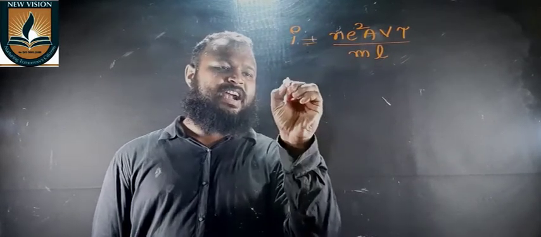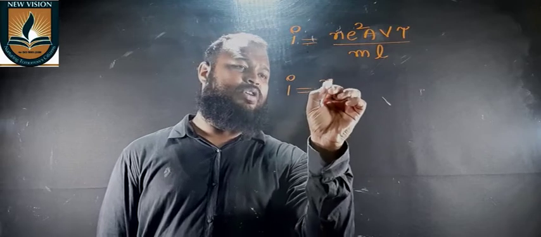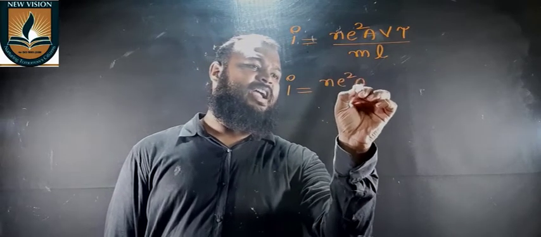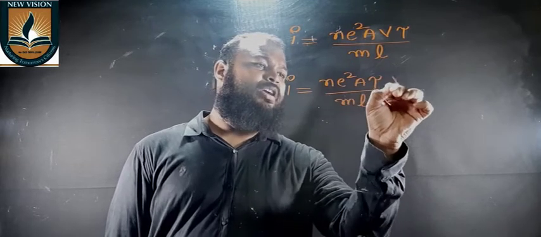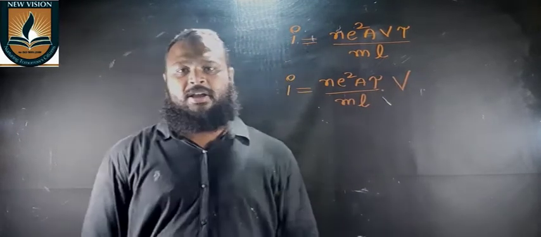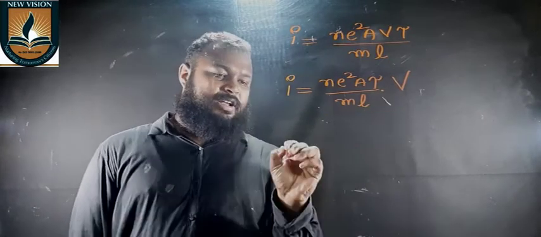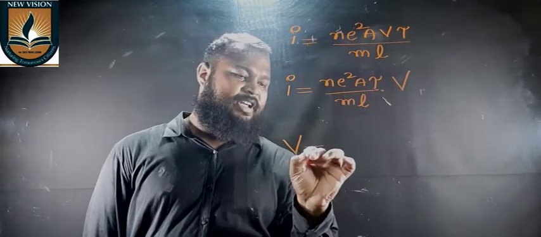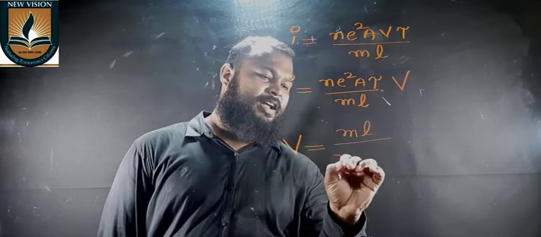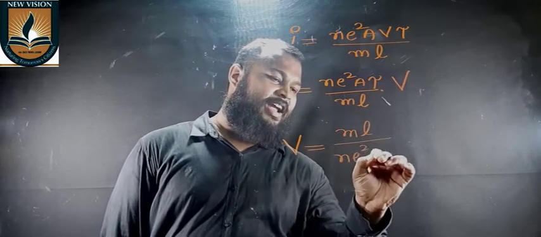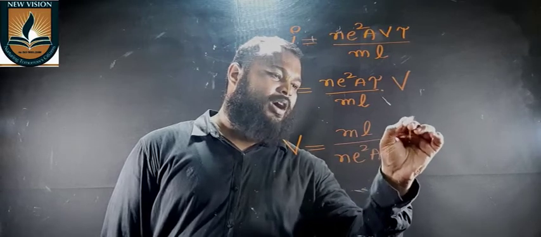I can rewrite this equation as I = ne²A tau upon mL into V. This can also be written as V = mL upon ne²A tau into I.